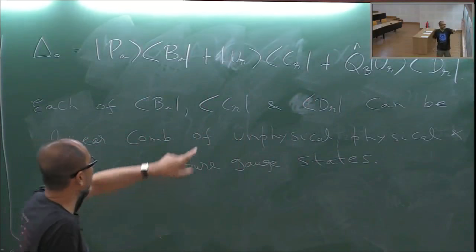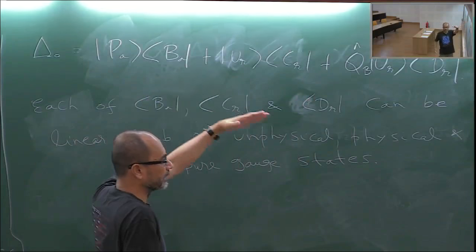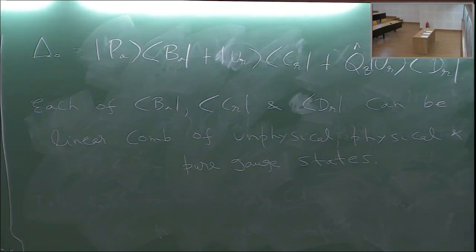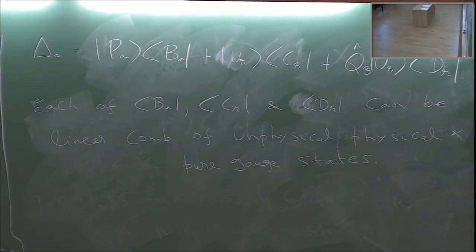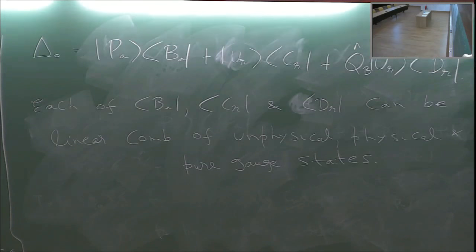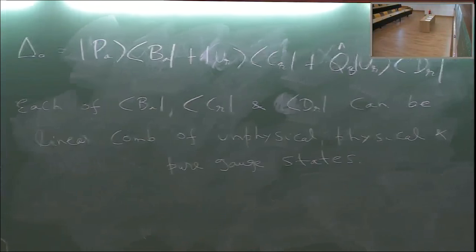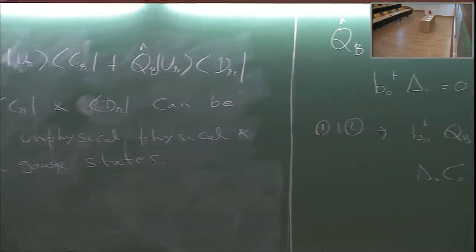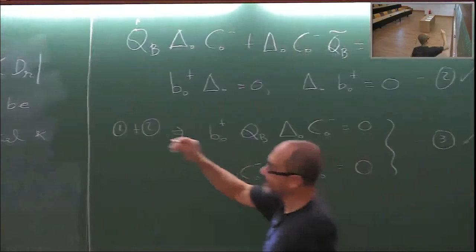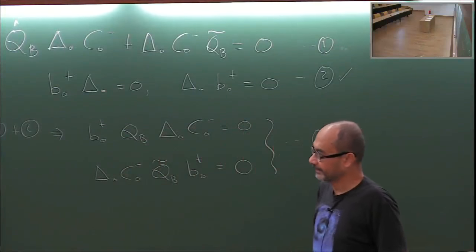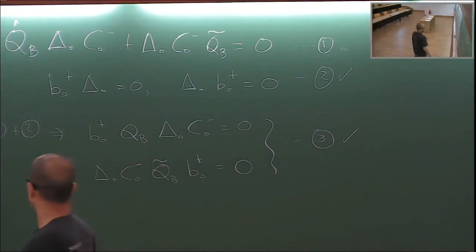So condition 2 is implemented and condition 3 is also implemented, because that's the way you have chosen the basis states. But condition 1 has not been implemented. This is something that will now give new conditions, which will help us determine, or at least put some constraints on, B, C and D. And I will see what structure we get.